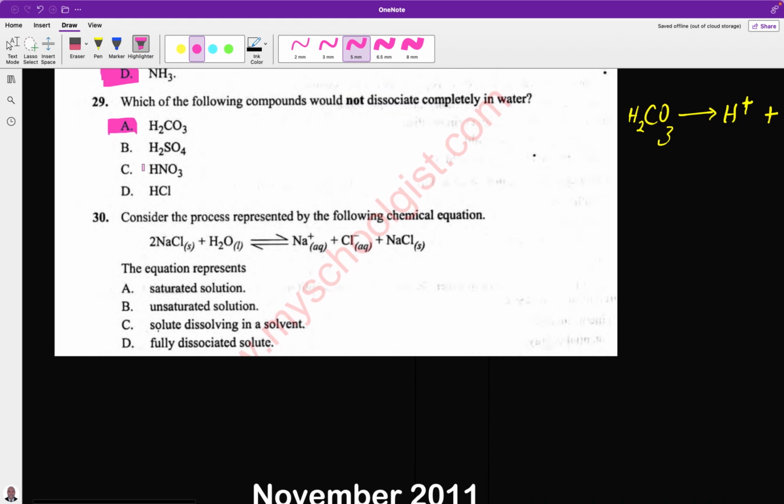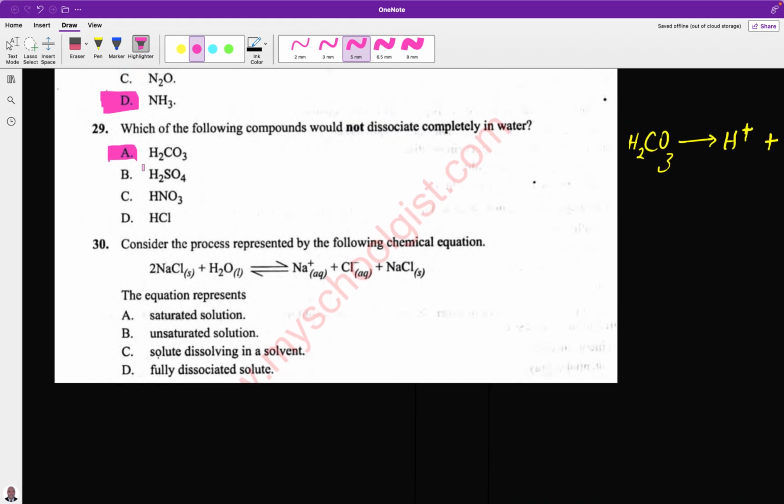Question number 30. Consider the process represented by the following chemical equation. Solid sodium chloride dissolves in water to produce sodium ion and chloride ion, and some of the sodium chloride solid is still there. This sodium chloride salt dissolves in a solvent, but it happens that not all the solid dissolves.